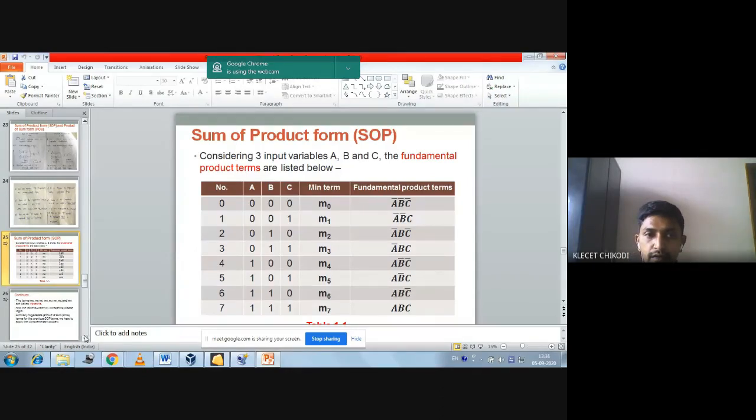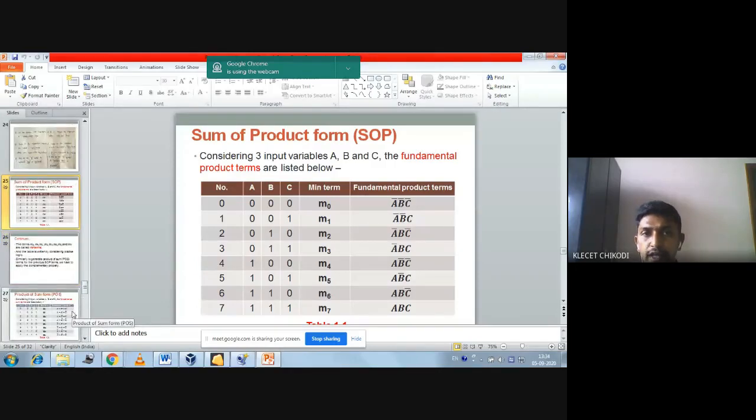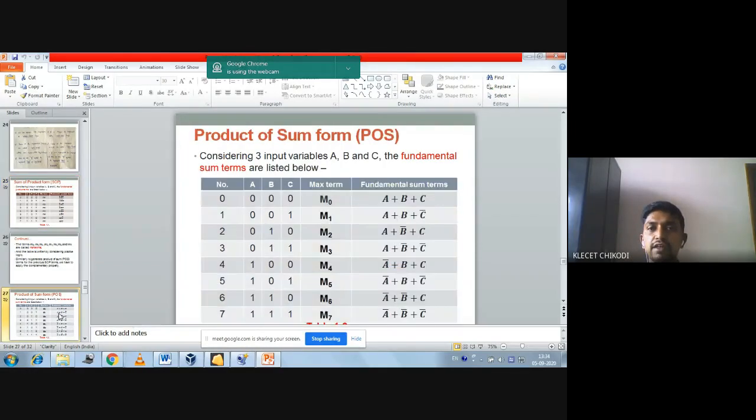In the complementary property we have two steps: one is to apply the duality theorem, and the second is to take the complement of the individual literals or individual variables. Considering 3 input variables.